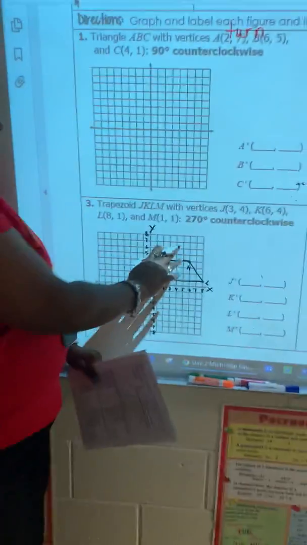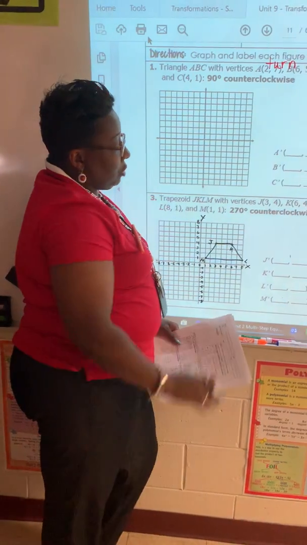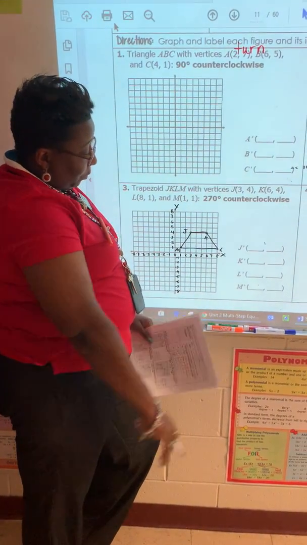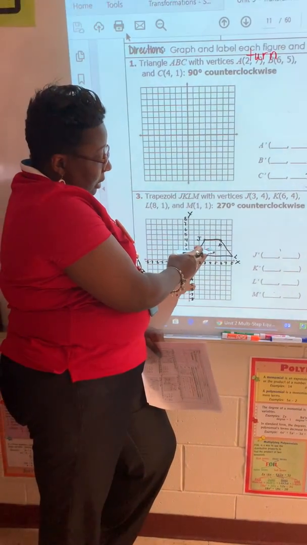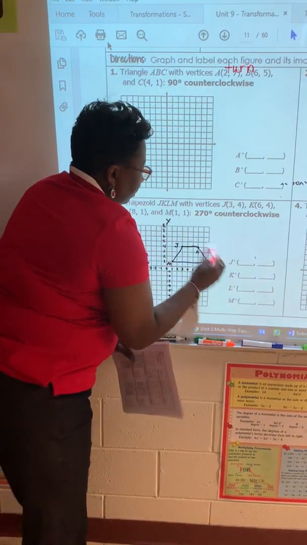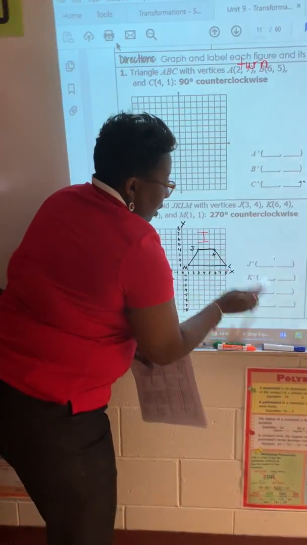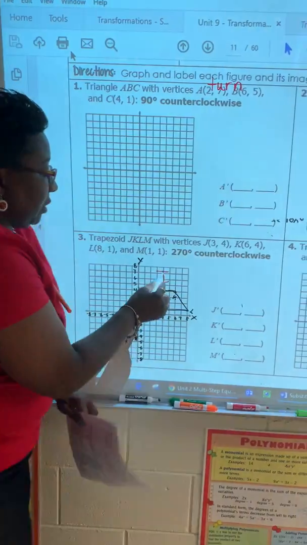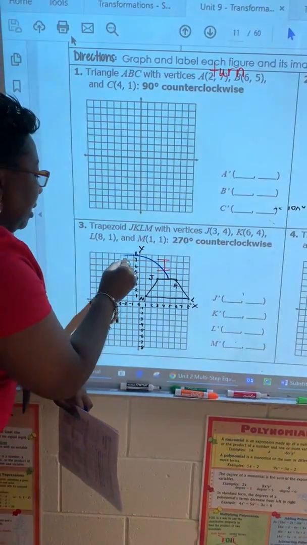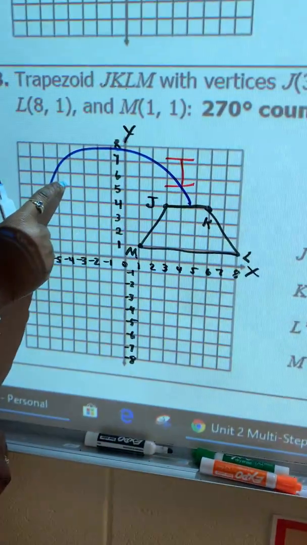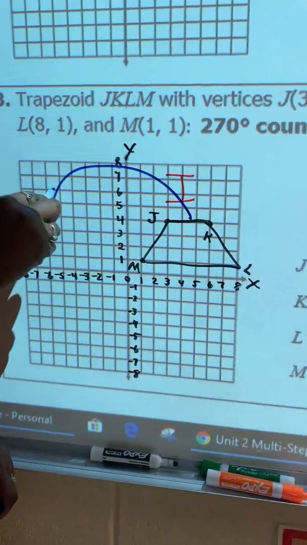Now we are going to rotate this 270 degrees counterclockwise. This polygon is currently in quadrant 1. In order for us to rotate 270 degrees counterclockwise, if I move it from quadrant 1 to quadrant 2, that's 90 degrees.